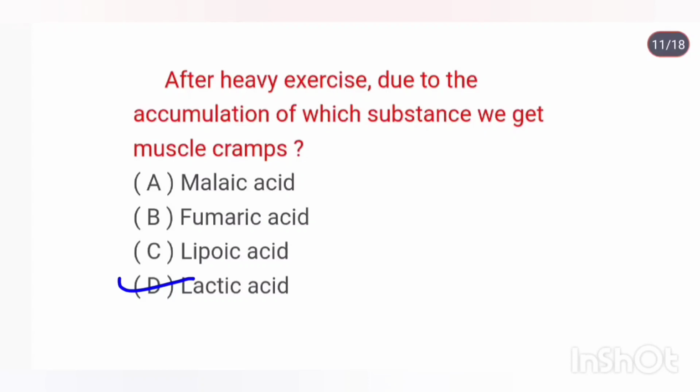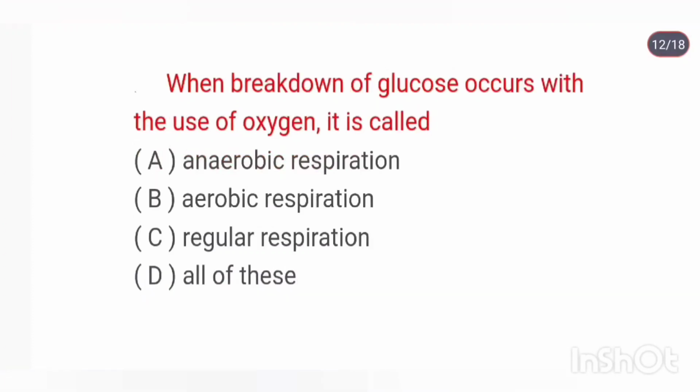Anaerobic breakdown of glucose leads to the formation of lactic acid in muscles. When breakdown of glucose occurs with the use of oxygen, it is called aerobic respiration. A chemical process in which oxygen is used to make energy from carbohydrates.